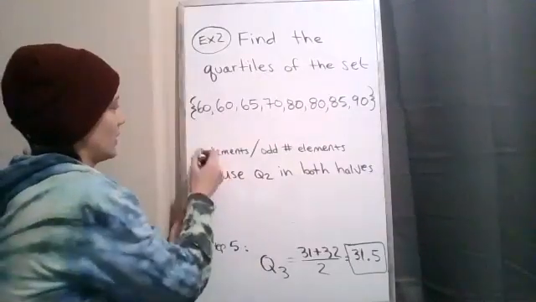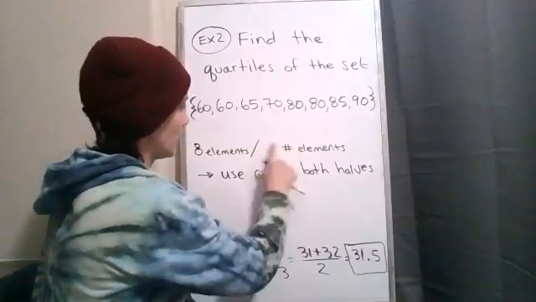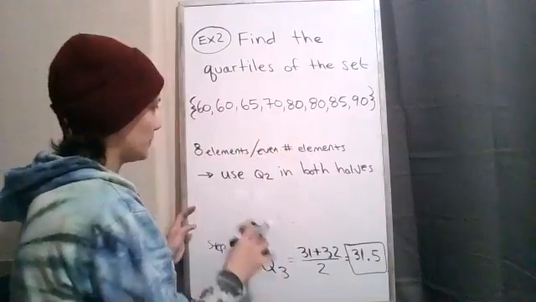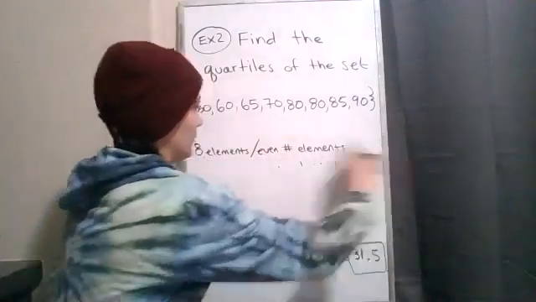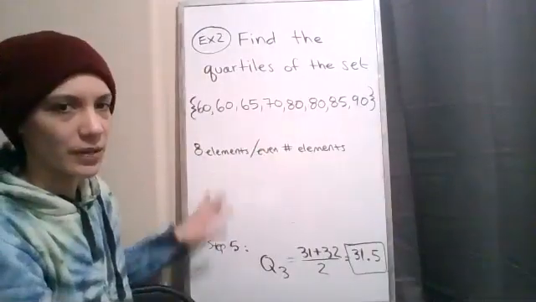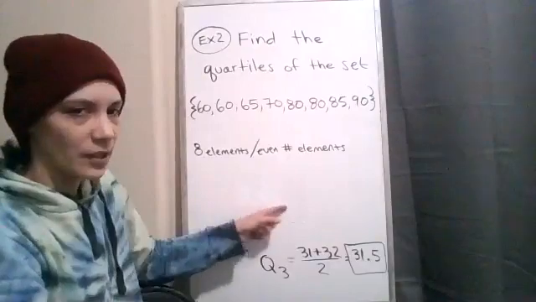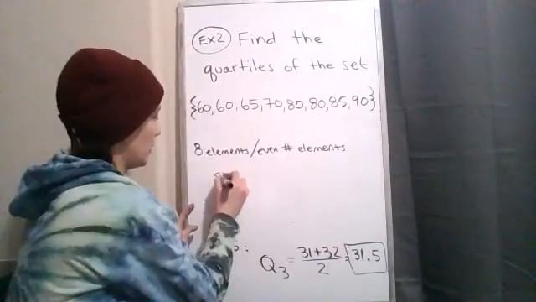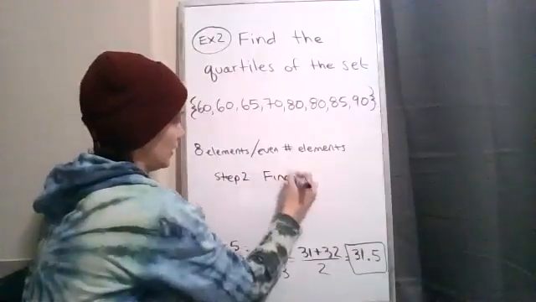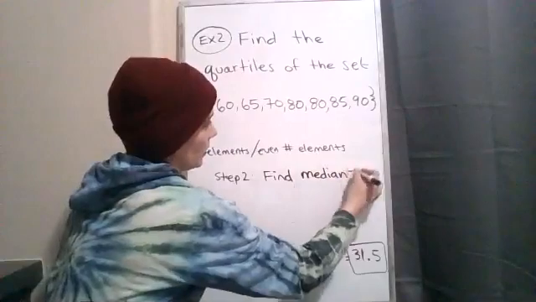So now we've got 8 elements, and it says even. And we don't have to really worry about anything. I'll just show you that we can find Q2, and then we can easily find Q1. Which we call Q2.